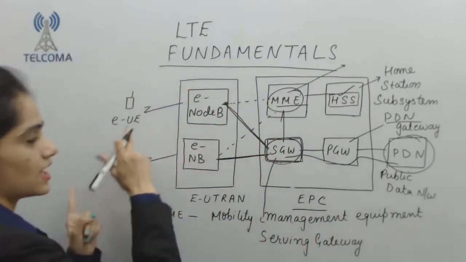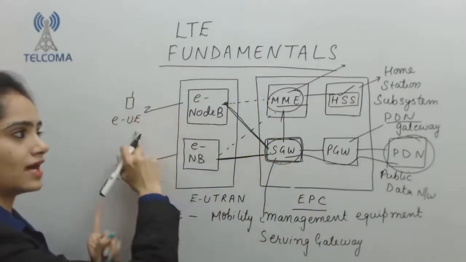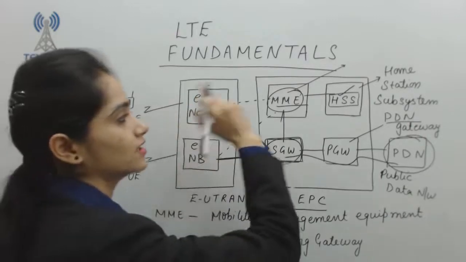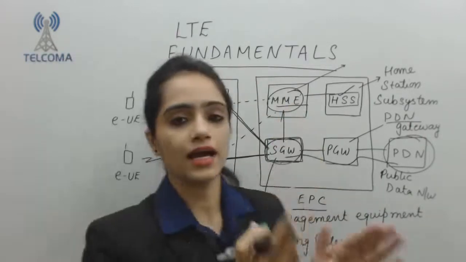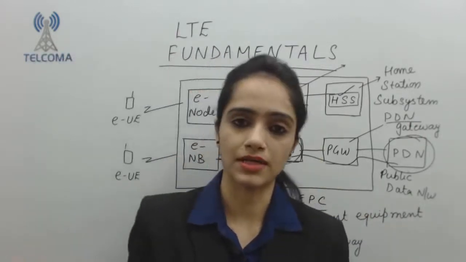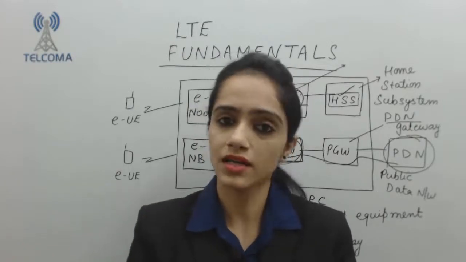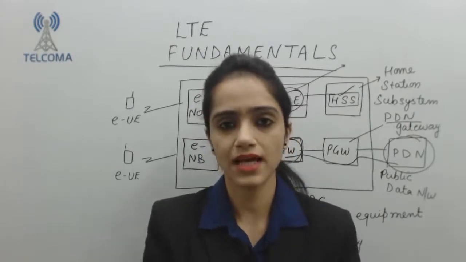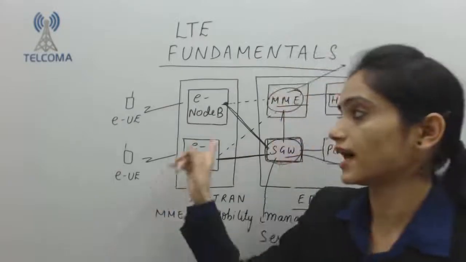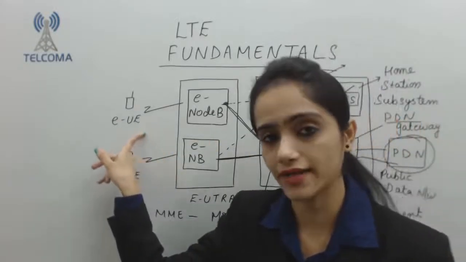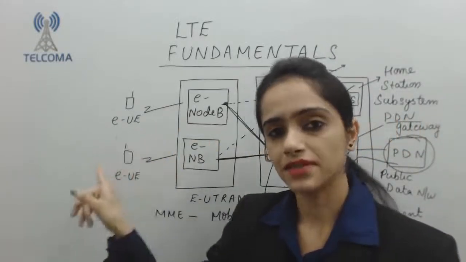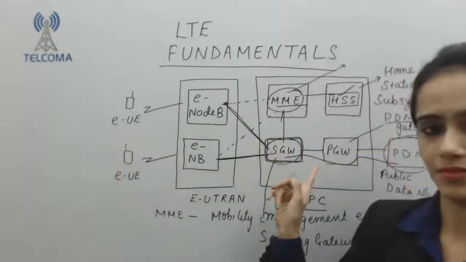So when the UE wants a handover, the eNodeB will give it, and after that it will inform the MME that I have given a handover in a particular duration to this particular user. That means you give the handover when the UE requires it, and after that you inform the MME.